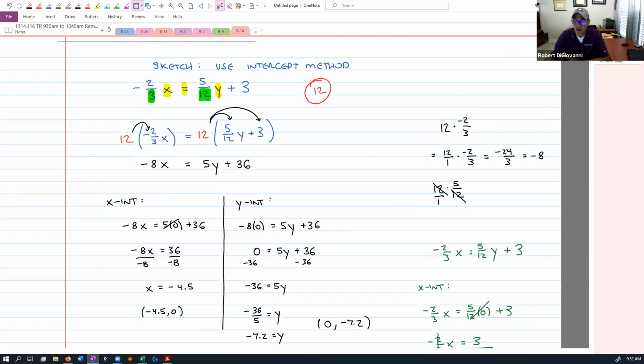Okay, let's do the last one before we move on, and that's going to be an example where we have decimals. Okay, so let's say we have 3.4x minus 1.2y equals 5.6.